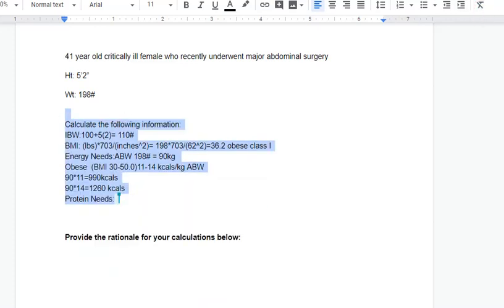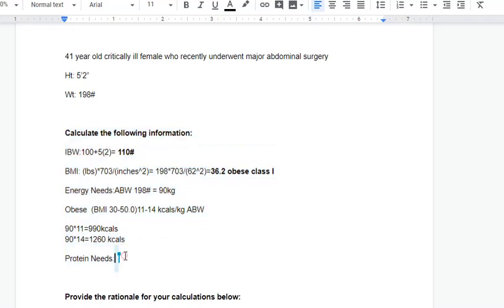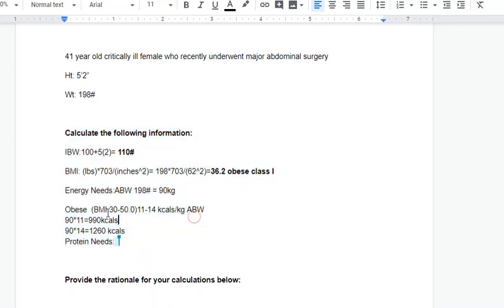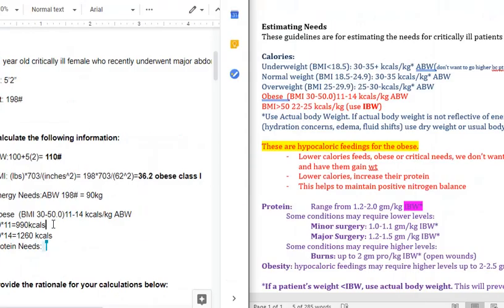So she just had major surgery, but we're not doing a hypocaloric feeding. Wait, are we doing a hypocaloric feeding?